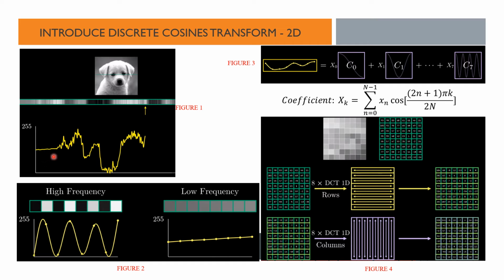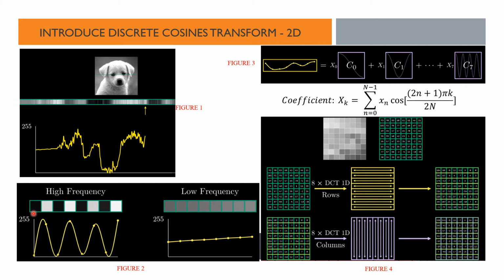So right now we can convert from the pixels to a waveform signal. What is the relationship between the frequency and the value of the pixel? We will consider it in figure 2.